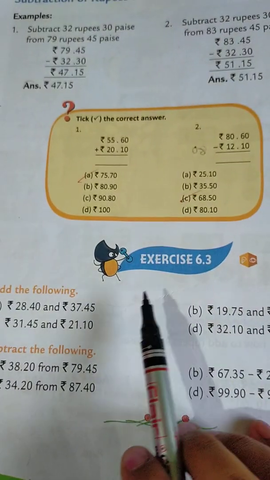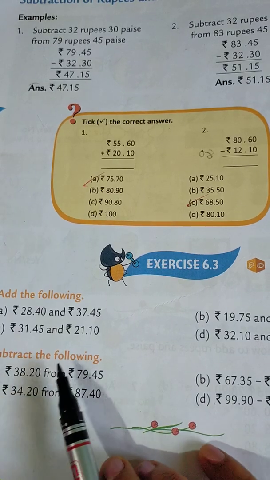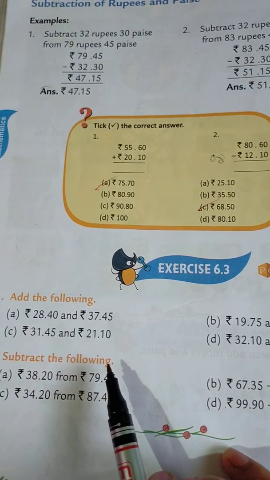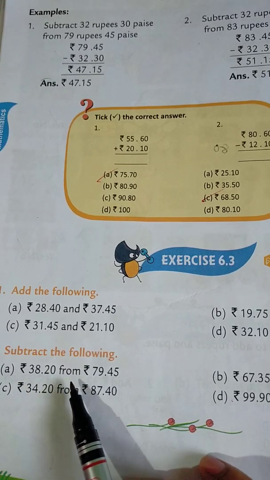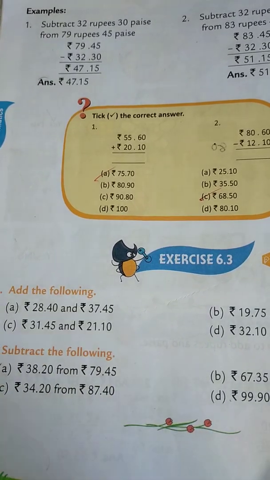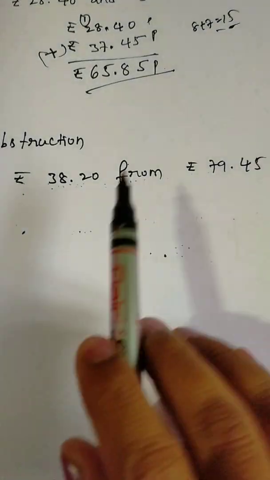Look here, in this exercise, the second one: subtract the following. The first one is 38 rupees 20 paise from 79 rupees 45 paise.